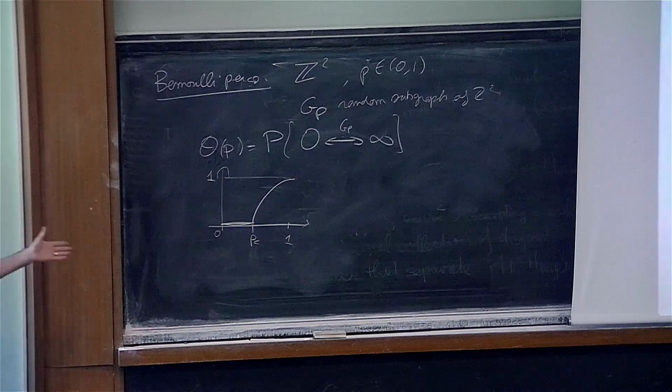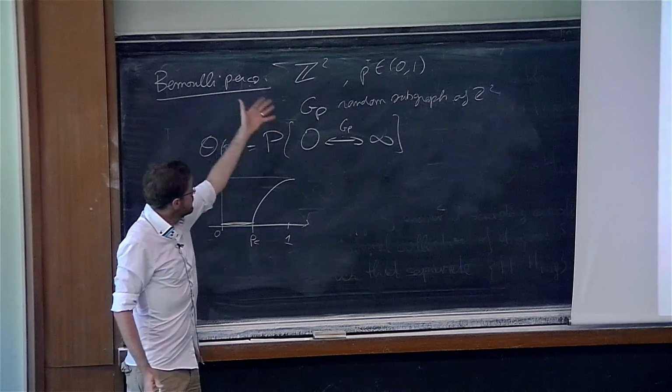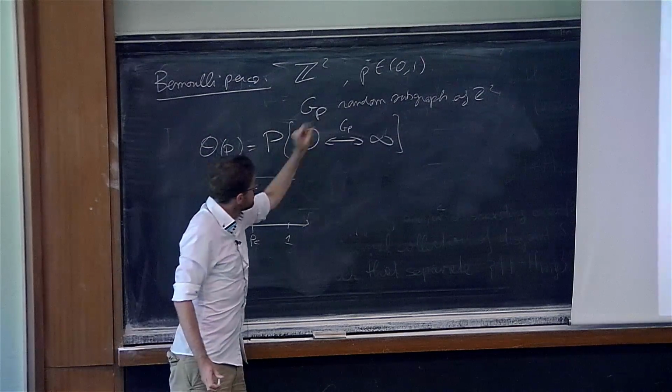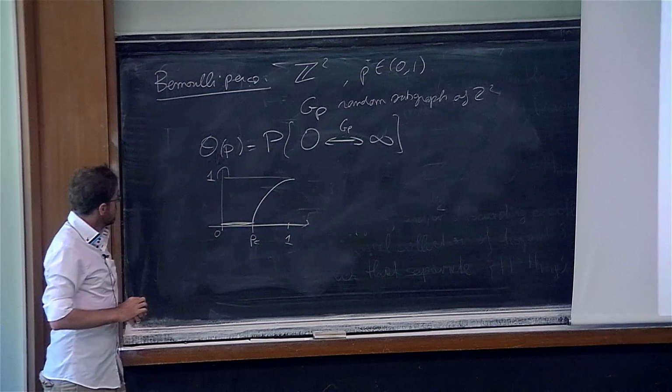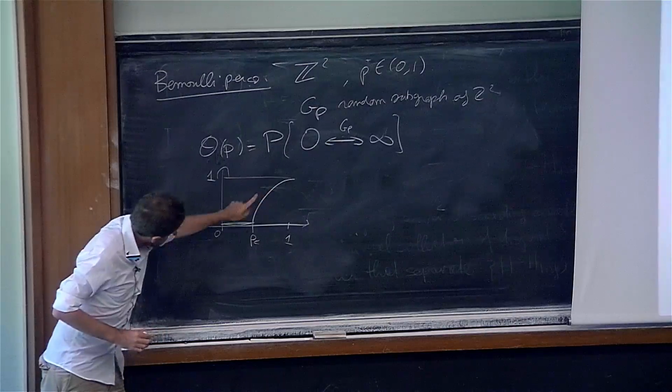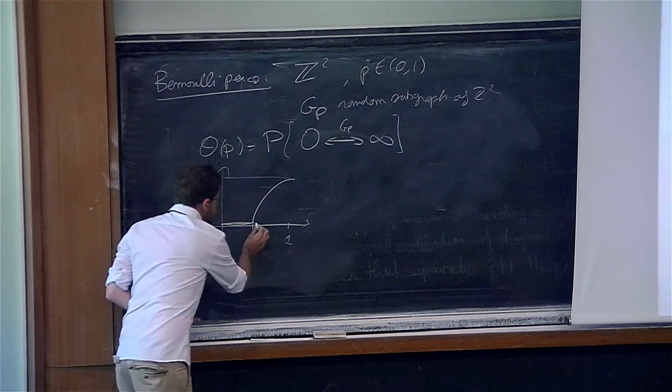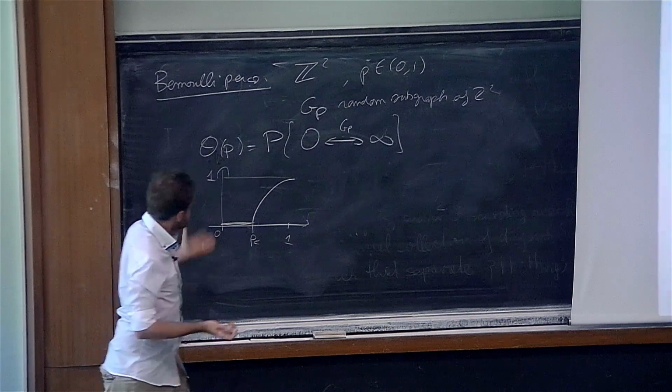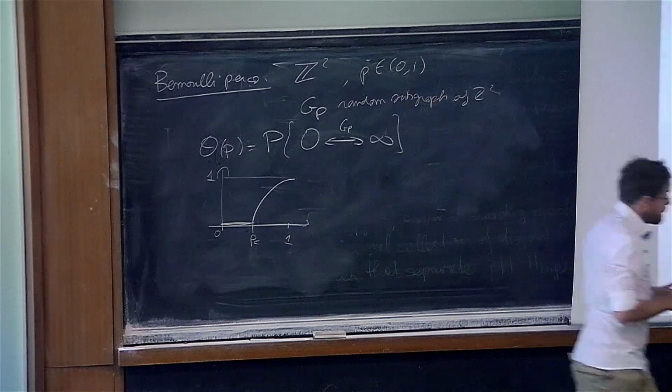So this is what you should expect if you look at these random subgraphs for different values of p. Here I'm cheating a little bit because I drew that continuous, and it's an open question in general to show continuity at the critical point. But in Z2, it's known that it's continuous.